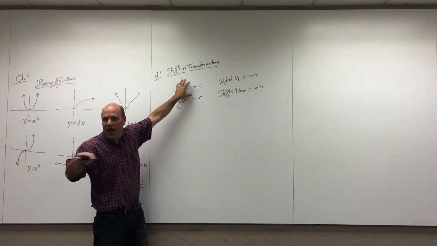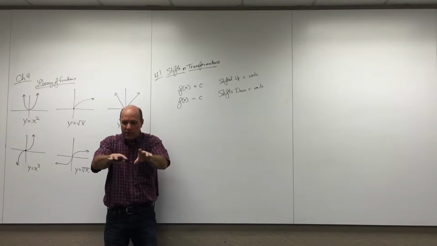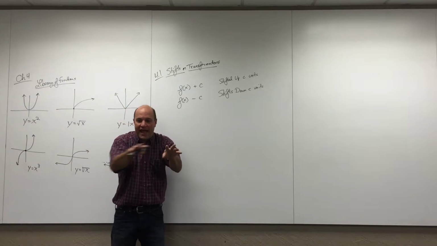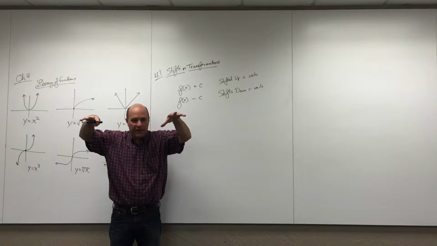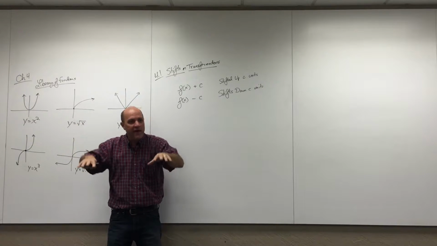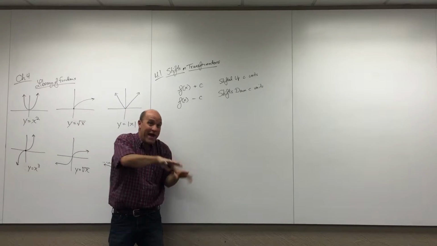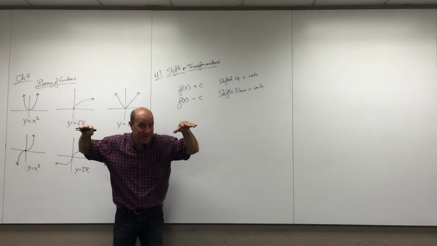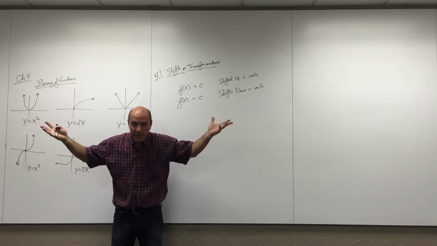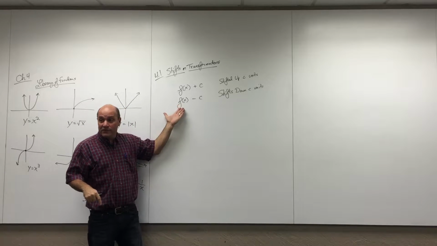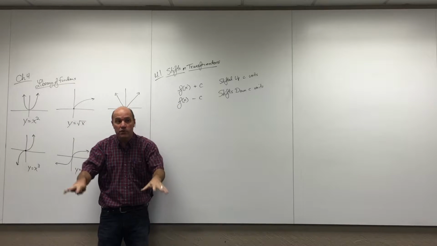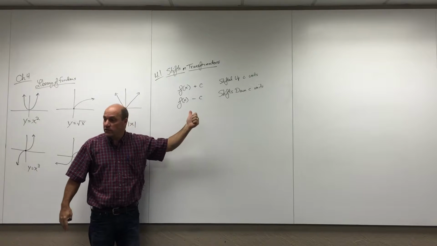And if you take all the y values and add some number to them, I think you move them up. The whole graph gets moved up. Or if you take all the y values and subtract some number from them, everything moves down. So this is real logical.